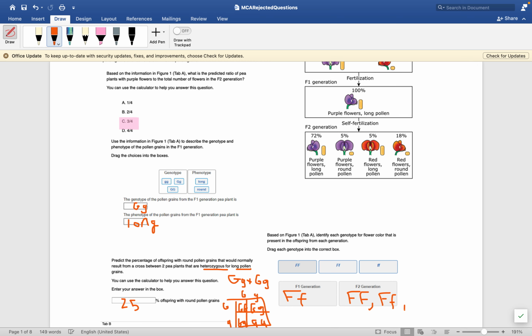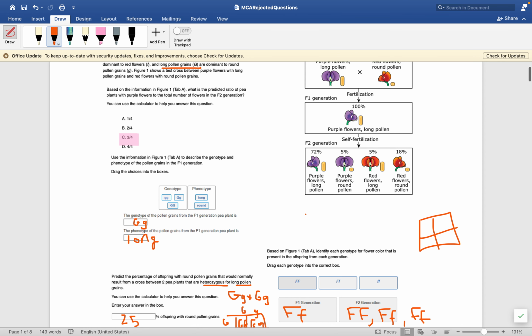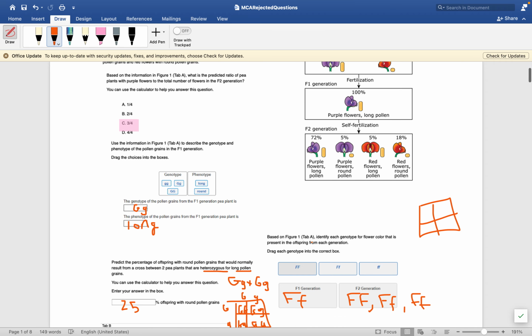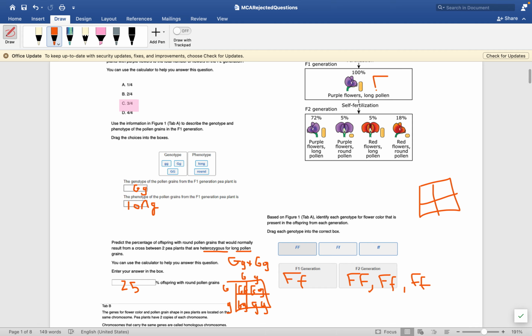And then we also see red. Now you might be wondering, well, Mrs. Erickson, how do you know the difference between these two? I don't. When I make a Punnett square, we are focused on F, which is flower color. These are hybrid, so it's big F, little f.